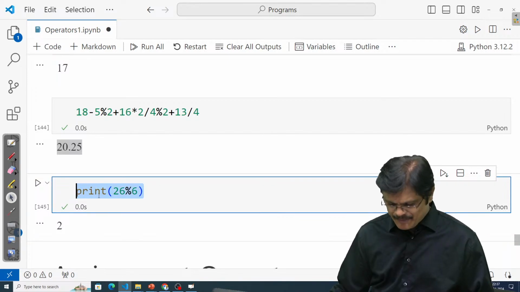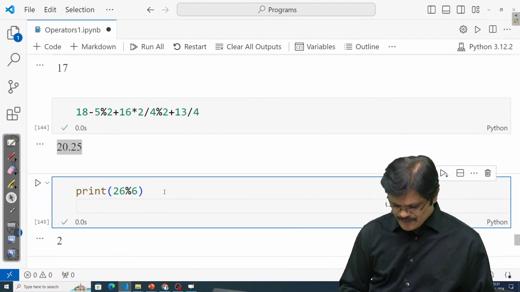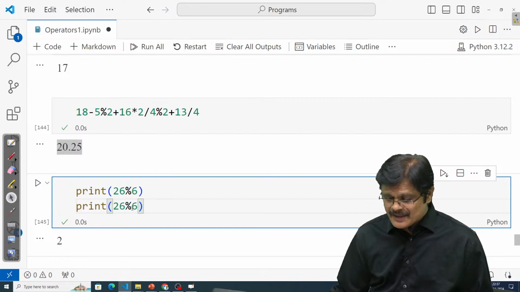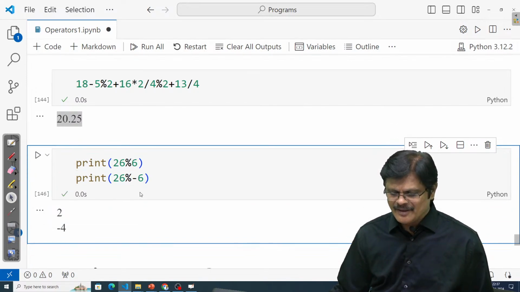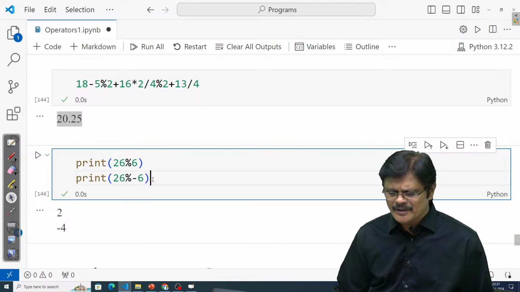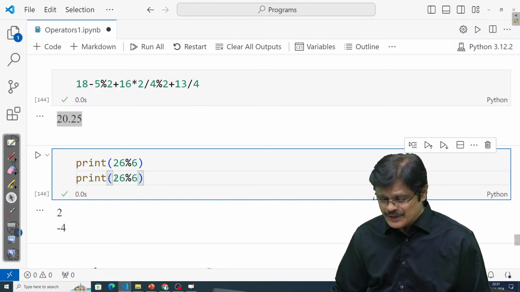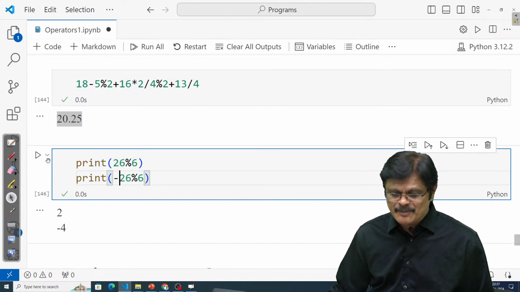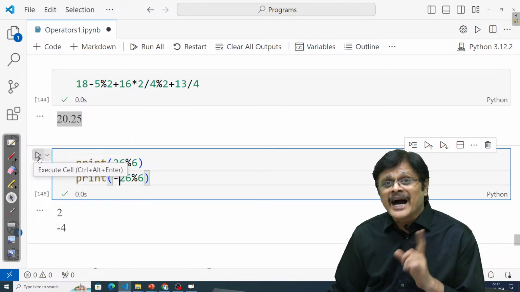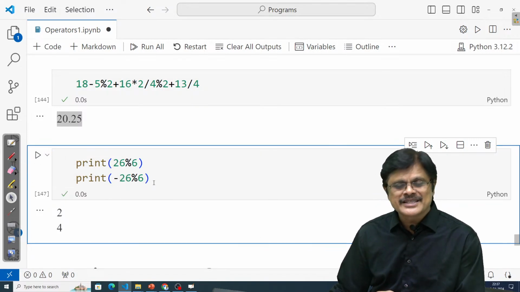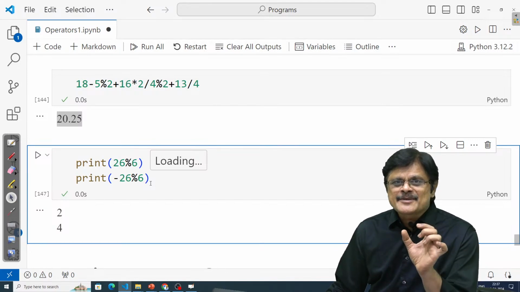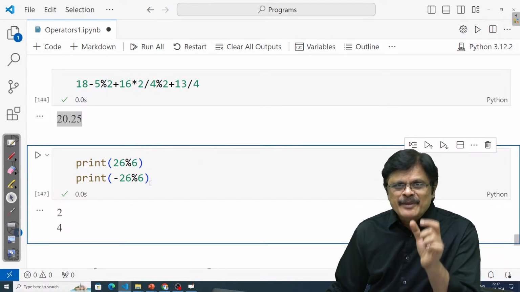Now you need to remember, when you have a negative number, first, minus 26 modulus 6, the answer will be 6 minus 2, which is 4, because when the first number is negative, the answer is b minus a mod b.